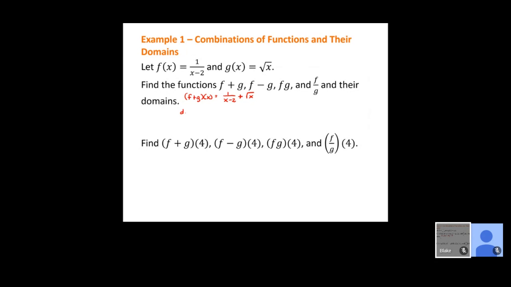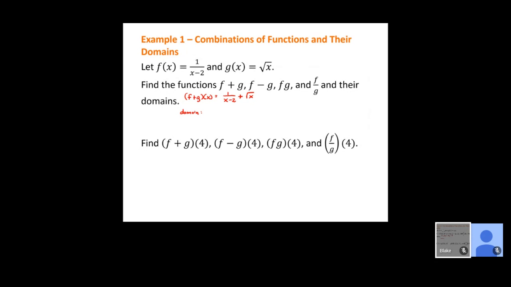So remember, we said we want to think about the overlap between the two domains that we have here. Well, how are we going to find the domain of f of x? So the 1 over x minus 2.